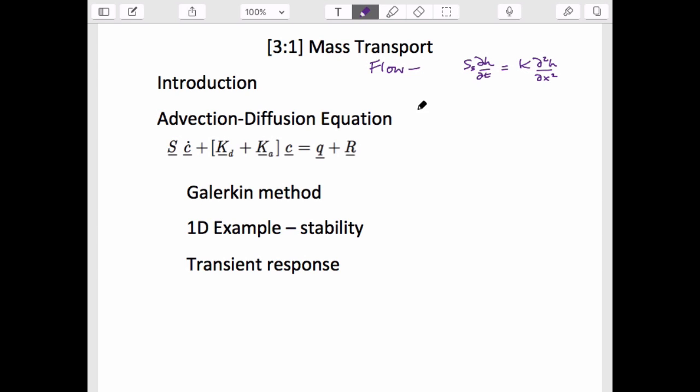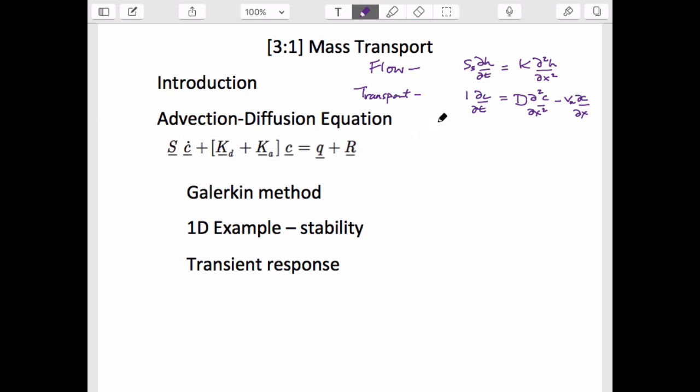If we look at transport of mass species, the expression looks like a rate of change of concentration with time, equal to a term that includes diffusion according to Fick's law. So this was Darcy's law; this now includes Fick's law, but with an extra term: an advective velocity and a concentration gradient in space.